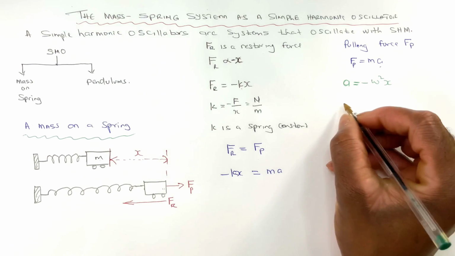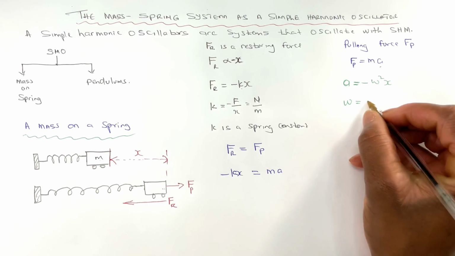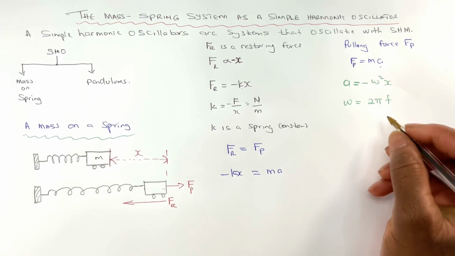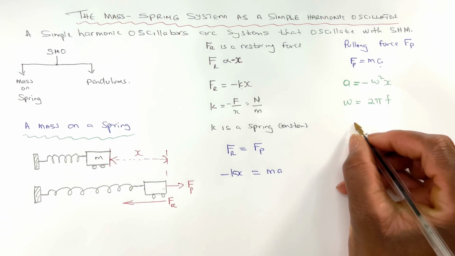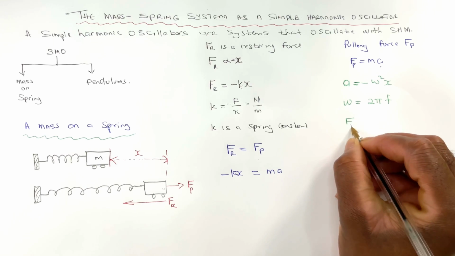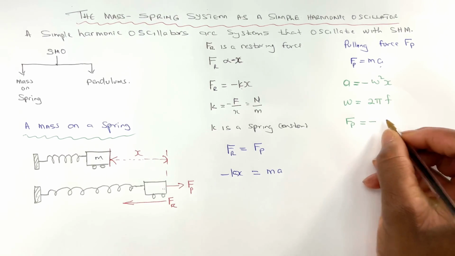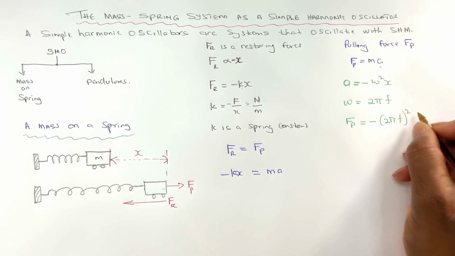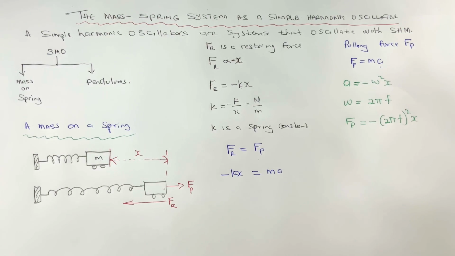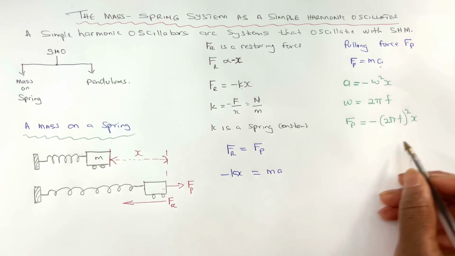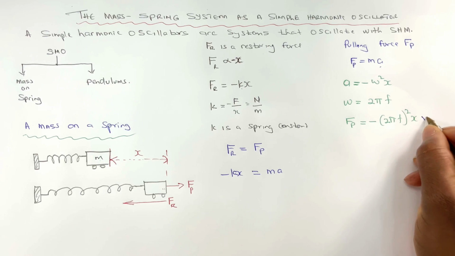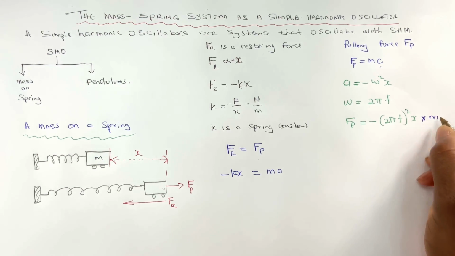But we also know what omega is. Omega is basically 2 pi f. And so if we put it there, we're going to have the pulling force FP equal to minus 2 pi f squared X, and then times m, the mass.